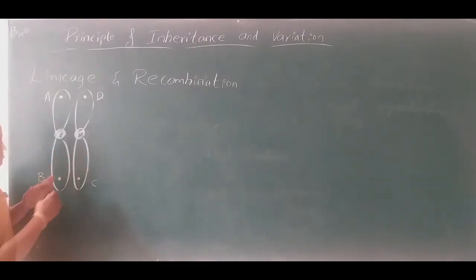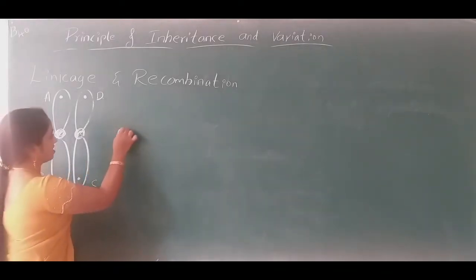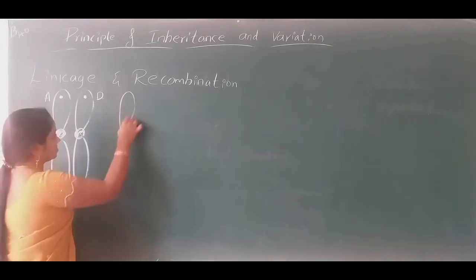After the crossing over, how does the crossing over occur?